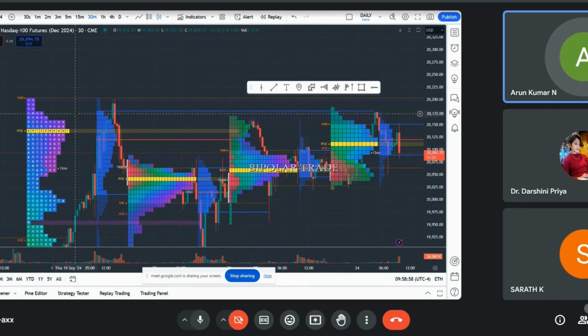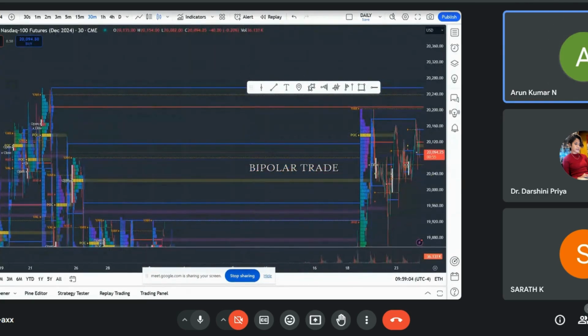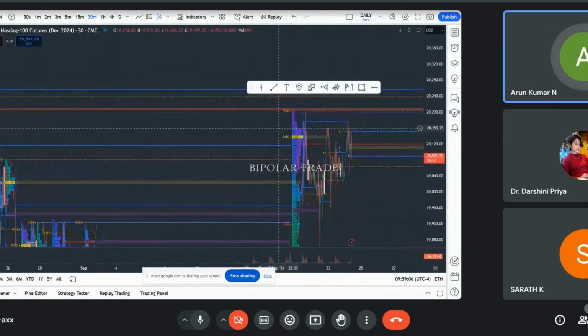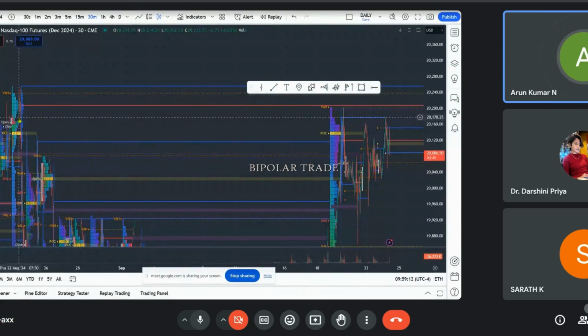So if you go back to the older days, there was a single print on the top. That is where the market rejection is happening. In the top exactly there was a single print.